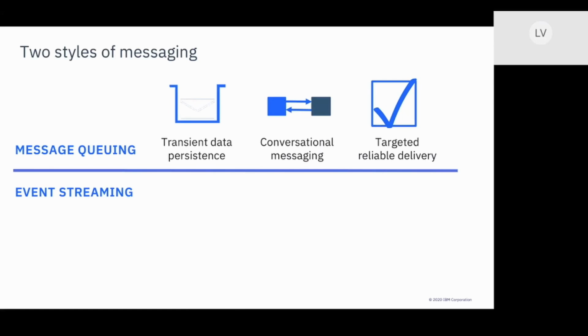Conversational messaging is targeted at reliable delivery. This is when you send something, you know the recipient, you know the destination. This is a strong coupling between source and destination, because in this case, you want to be sure that the information sent is the right one, but also that it goes to the right recipient.